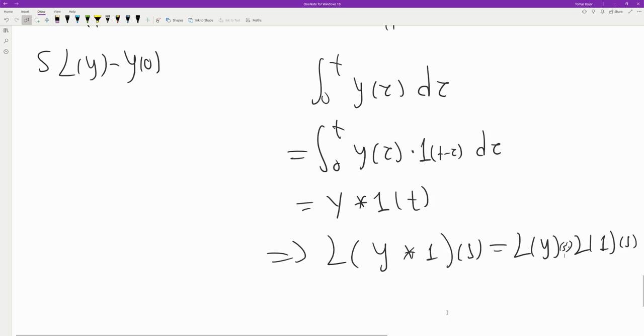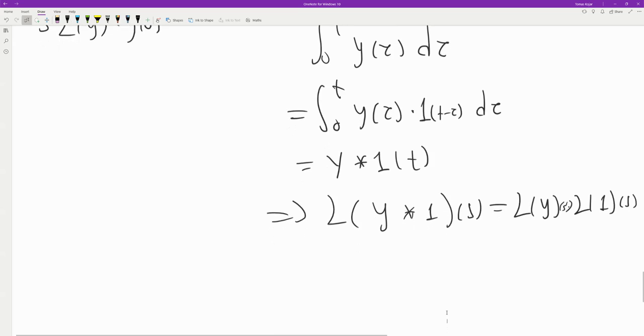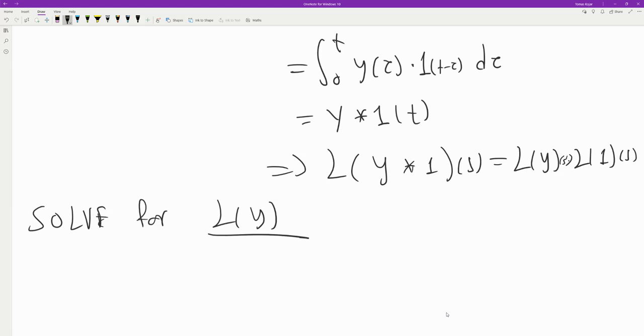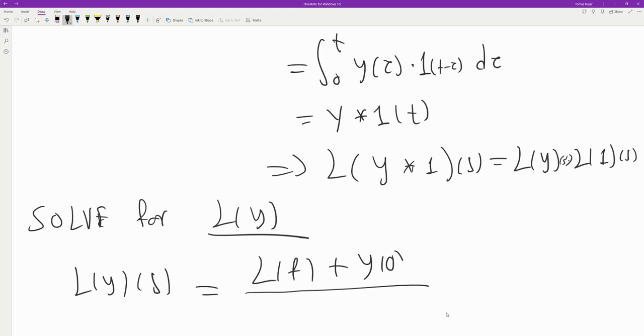Okay, all right, so let me group everything together. Solve for L of y. If you do that, you get the following: L of f, y0, and then s plus 1, plus 1 over s.